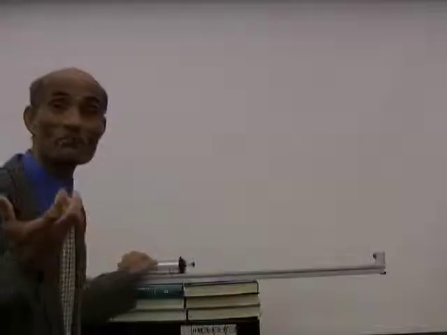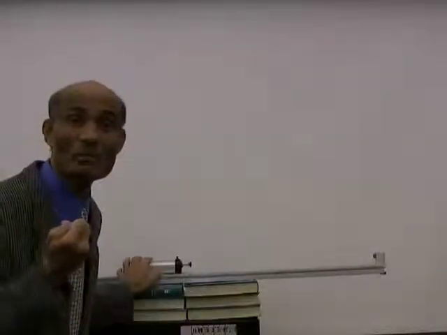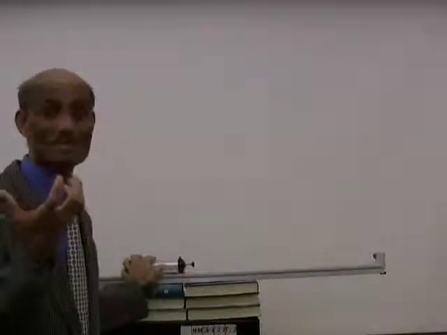Now, what does the momentum of a moving object depend on? What are the factors on which the momentum of a moving object depends? Well, there are two factors. One is the mass of the object, and the second is the velocity. It is the combination of these which gives a moving object its momentum.